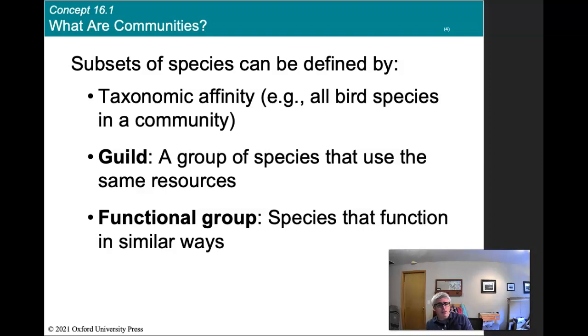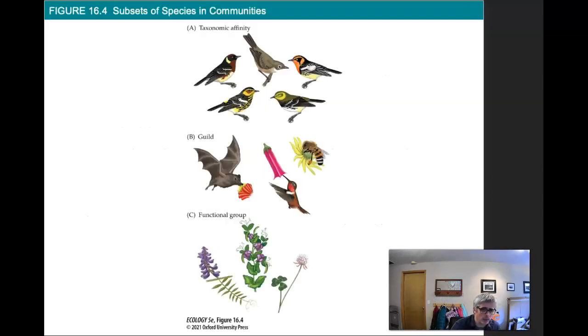And then you can look at functional groups, species that function in similar ways. And we'll look at the example given for that. So taxonomic affinity, group of birds. A guild could be pollinators or nectar consumers. And a functional group here are groups that all fix nitrogen.